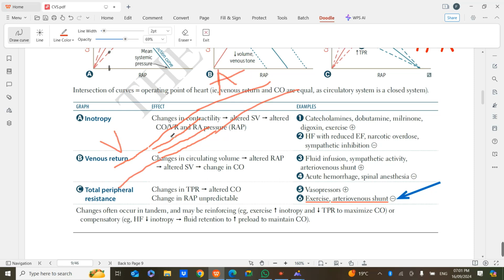Normally when the blood gets to these arterioles, they will regulate it. They are responsible for the resistance. Resistance means we don't want it to flow too easily. So they reduce the flow.